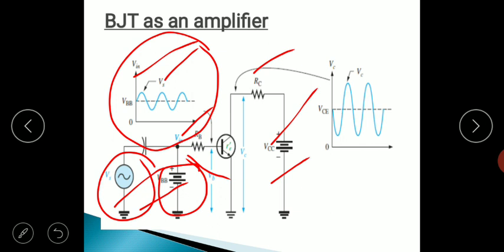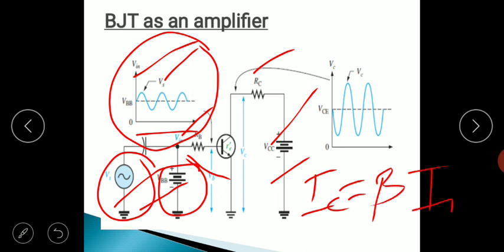Now during the positive half cycle, you can see the input signal goes on increasing. So when the input signal goes on increasing, the base current IB also starts increasing, and since base current IB starts increasing, for a small increase in this base current IB, there will be a large increase in the collector current IC, because we know that IC is equal to beta times IB, and the value of beta is typically in the range of around 100 to 200.